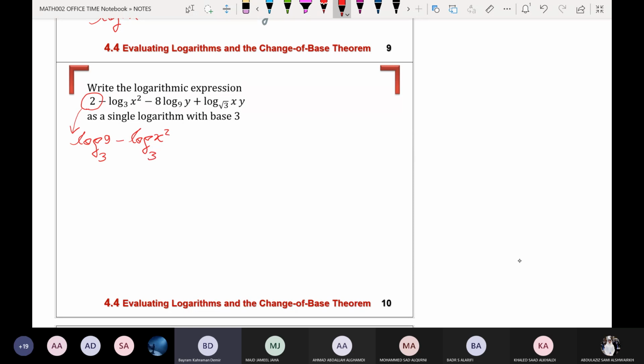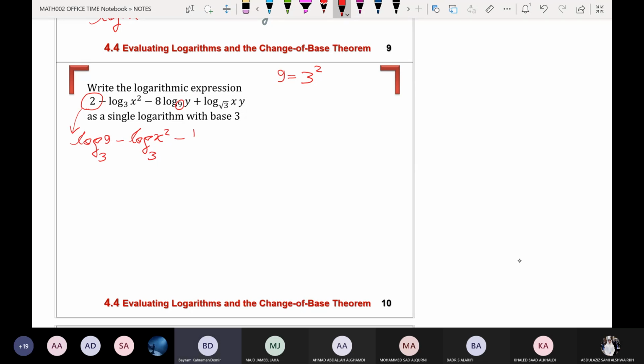And now in the third term, Shabab, we have base 9. So, well, 9 is 3 square, right? So if you have square of the base, what am I going to write?